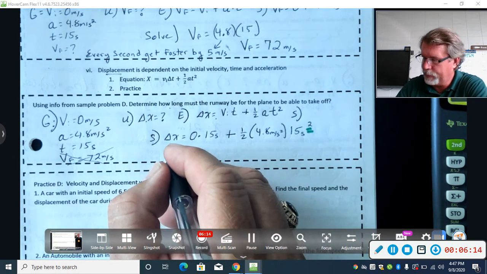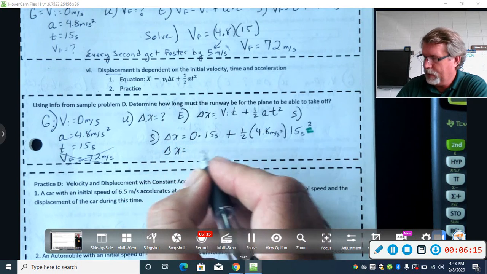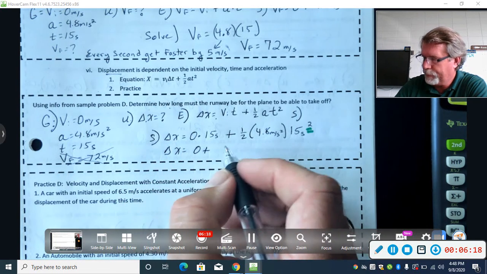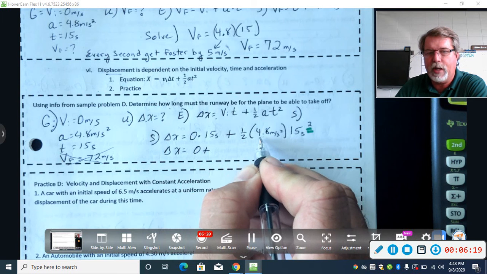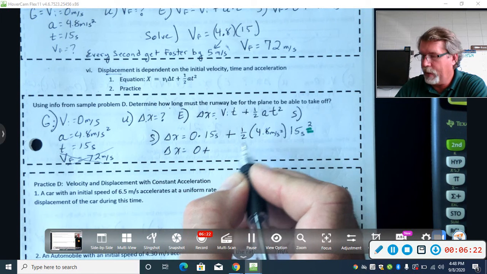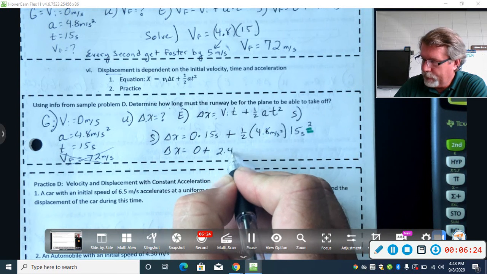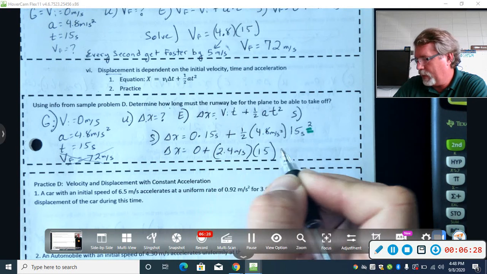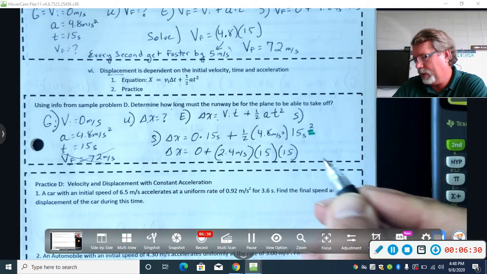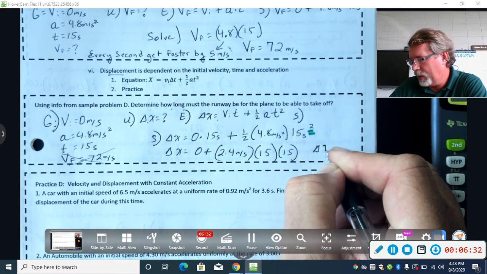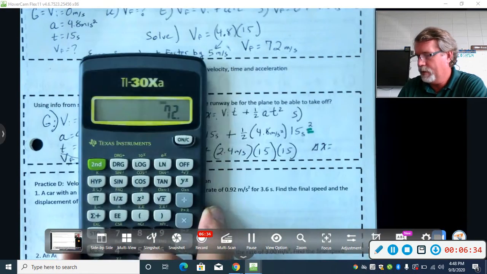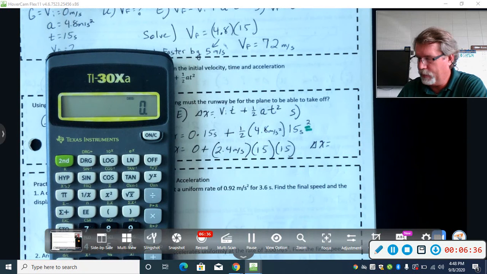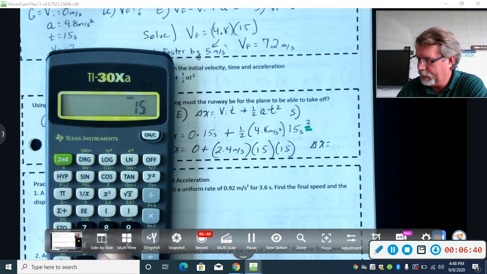So our final response would be the change in x is 0 plus, go ahead and multiply this 1/2 times 4.8 to give us 2.4 meters per second squared, times 15 squared, which will be times 15 again. And so our change in x equals, so just get our calculator here, and we'll go 2.4 times 15 times 15.